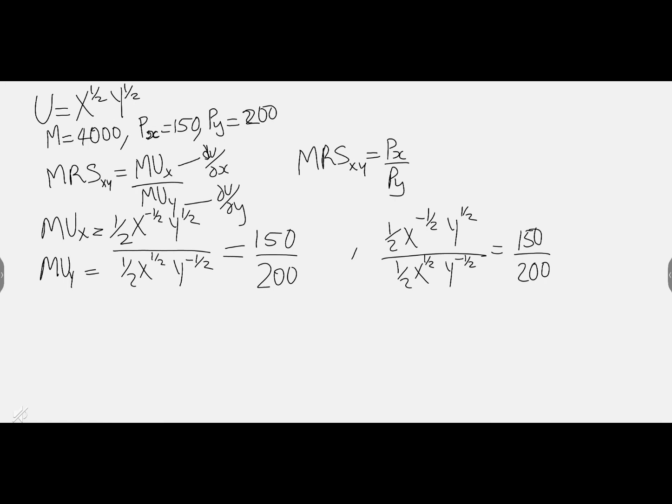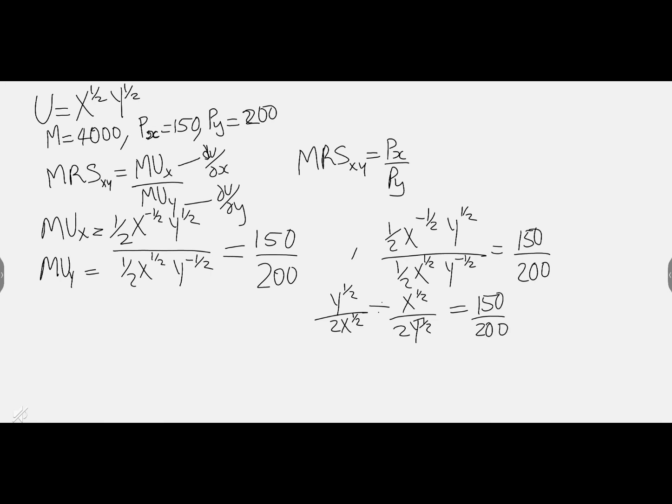Rewriting the numerator, it will be Y raised to power half over 2X raised to power half, divided by X raised to power half over 2Y raised to power half, equal to 150 over 200.